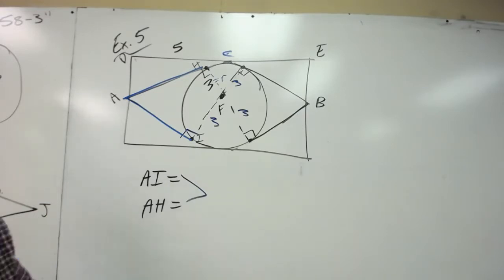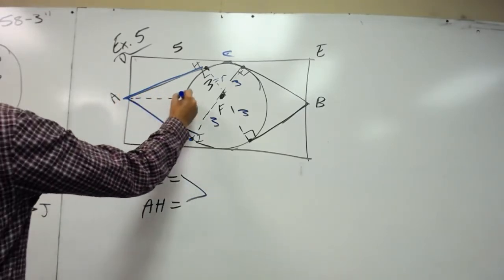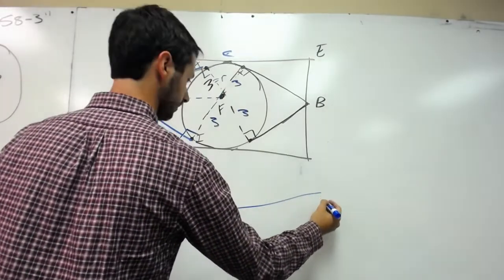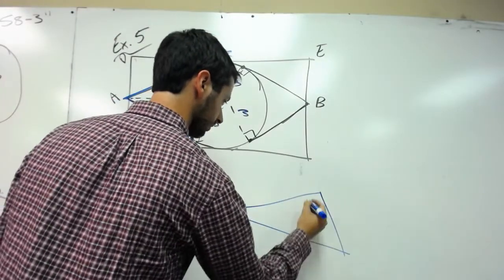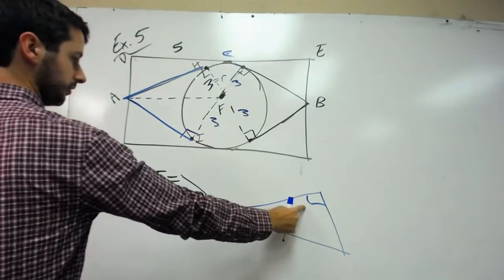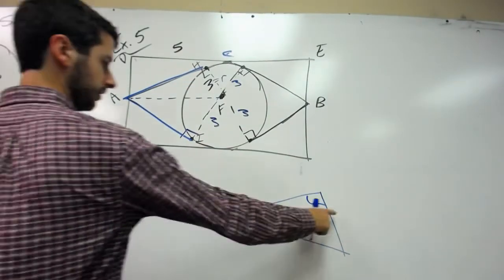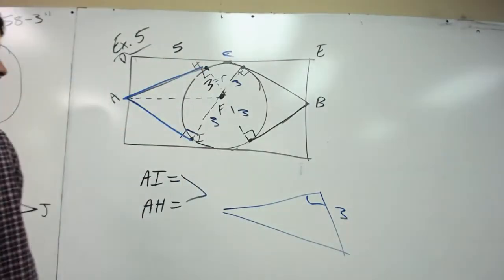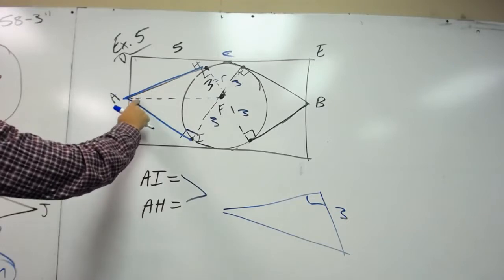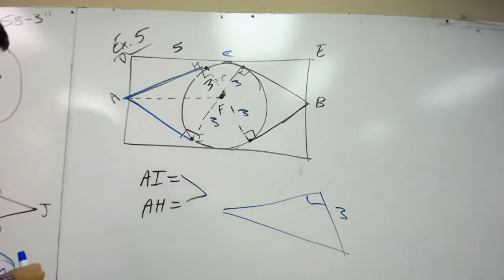So what I'm going to do, I'm going to create a triangle here, and I'll redraw it so you can see it better. And let's see what we know about this triangle. We know that this angle is a right angle. We know this side is 3 because of the radius. However, we're trying to find AH, but do we know AF? Well, if we look at what it's given us, it gave us this 5 for a reason.